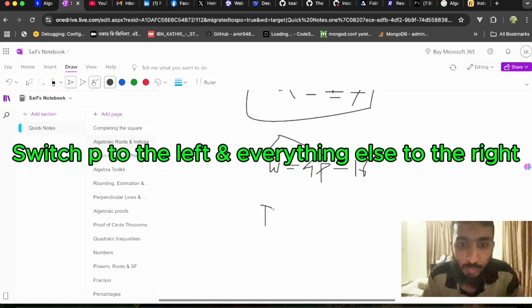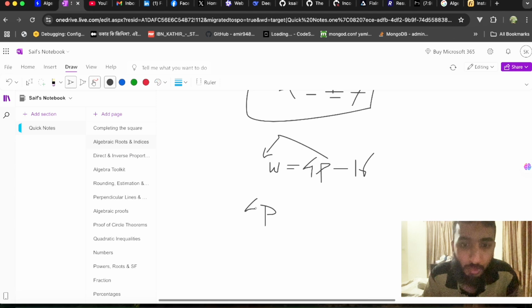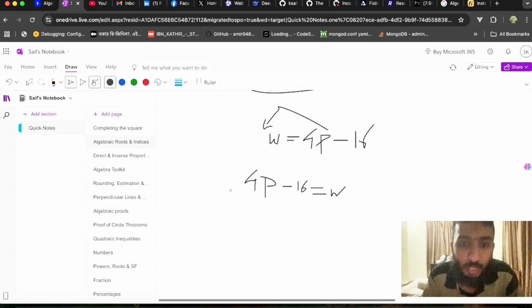So if I want to transfer p to the position of w, we can write 4p minus 16 is w, just exchanging sides, taking w to the right and 4p minus 16 to the left. So we can also write this as 4p equals w plus 16.